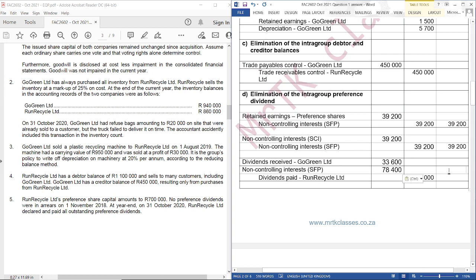Right, then debiting non-controlling interest in the statement of financial position means that we are decreasing non-controlling interest in the statement of financial position.